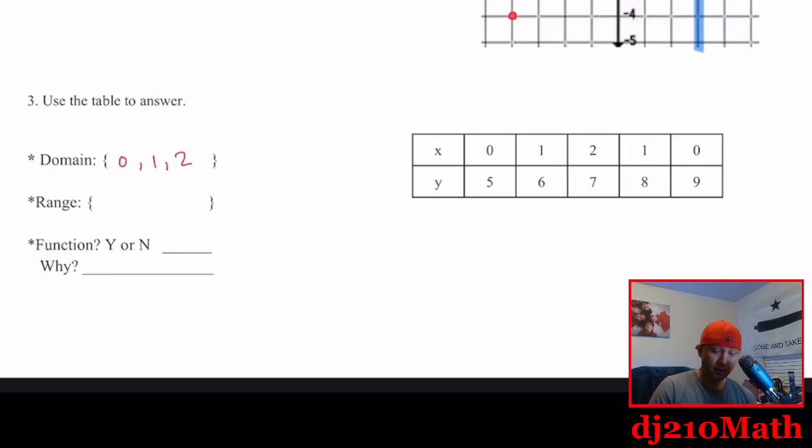And immediately I see that the x's repeat, right? 0 and 0, 1 and 1. Immediately, not a function, right? Again, the x's repeat. But to be complete, the range: 5, 6, 7, 8, 9.